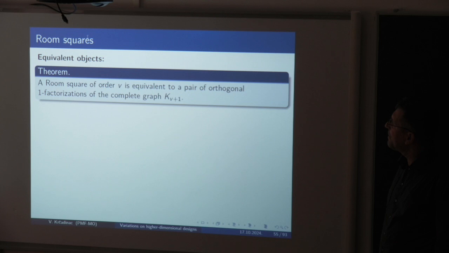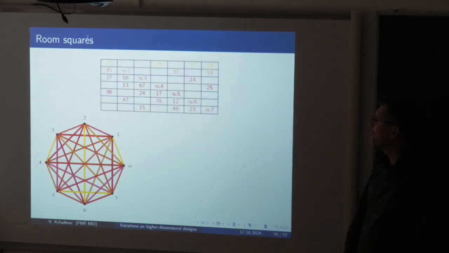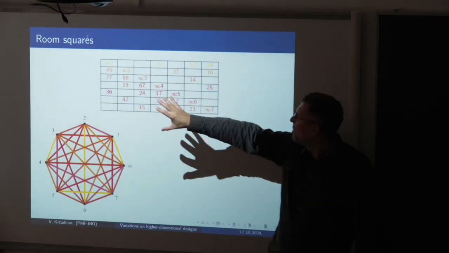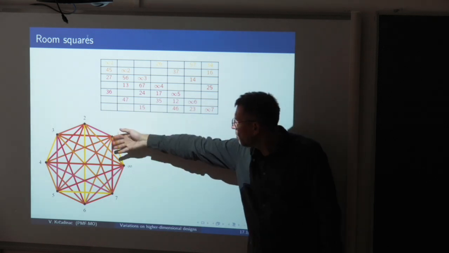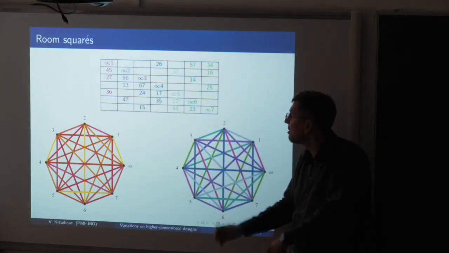And also it's equivalent to a lot of different other combinatorial stuff. For example, a Room square of order V is equivalent to a pair of orthogonal 1-factorizations of the complete graph. I'm just going to show you pictures. From the rows of this square you get one 1-factorization, from the columns you get another, and they're going to be orthogonal.